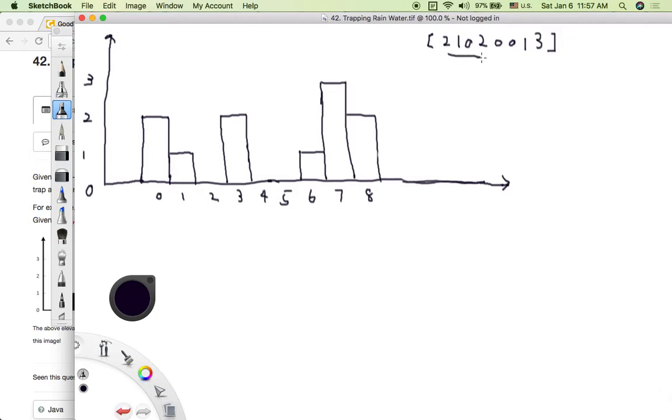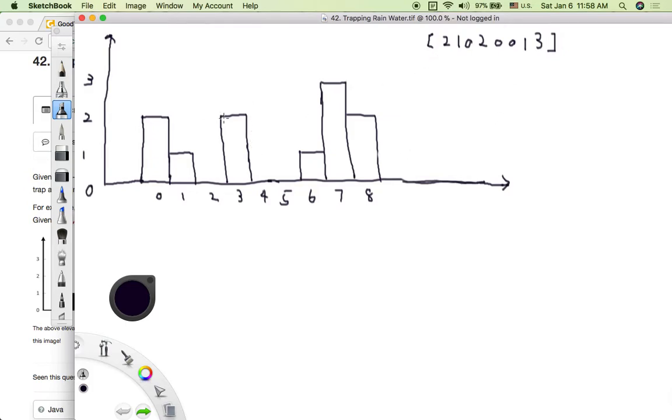See here we have this input array with 8 numbers. 8 numbers indicate 8 bars and their heights. The vertical line indicates the height of a bar. The horizontal line indicates the sequence of bars. The first bar has a height of 2, the second bar has a height of 1, and the third bar has a height of 0.